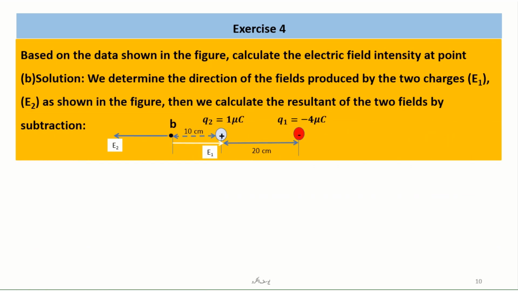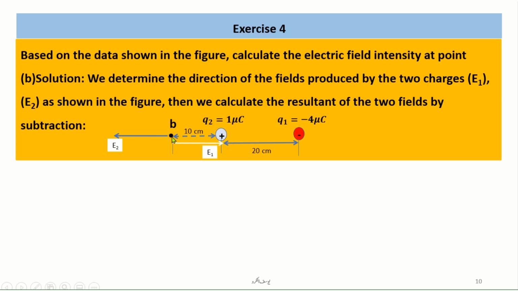Exercise 4. Based on the data shown in the figure. This is the figure. We have two charges. The first one equals minus 4 microcoulomb, and the next one equals 1 microcoulomb.